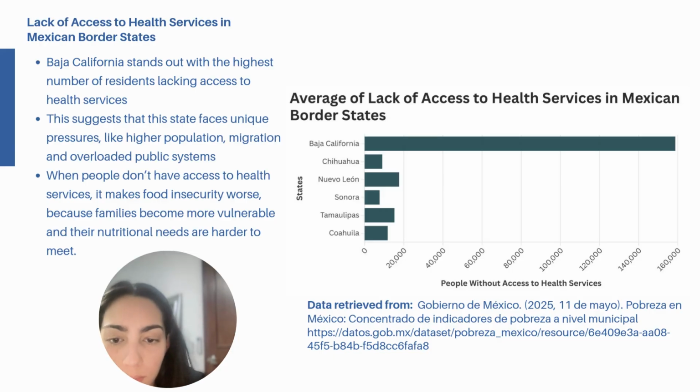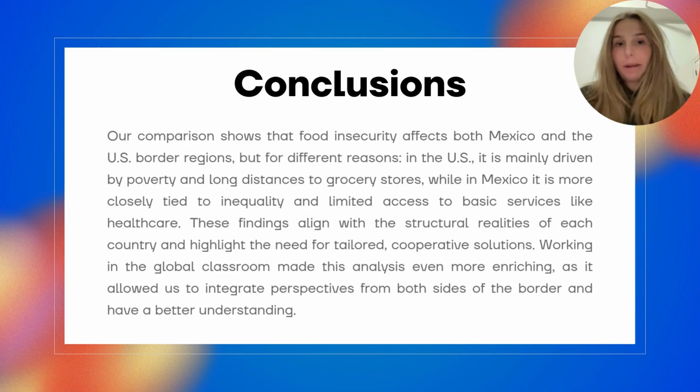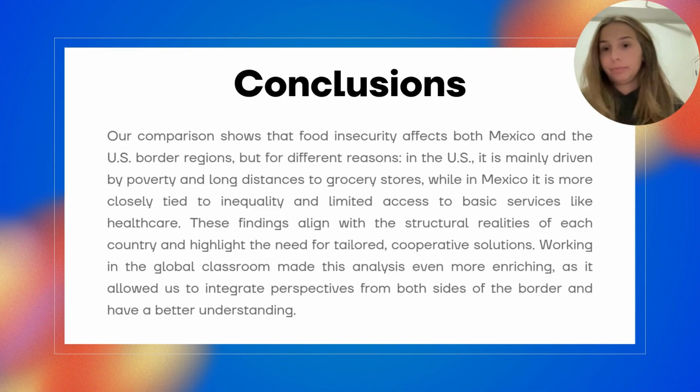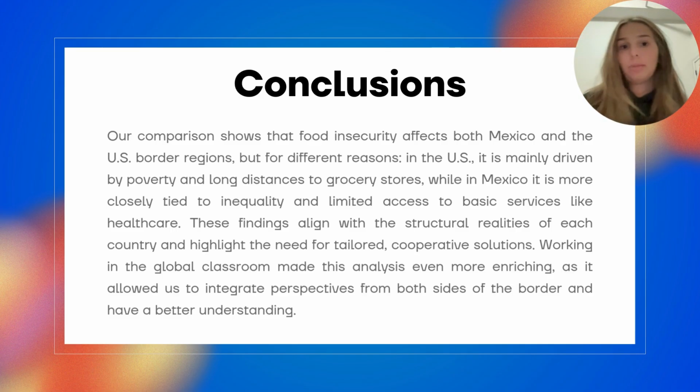So, to wrap up our project, our comparison really showed that food insecurity is a challenge on both sides of the US and Mexican border, but very different for a lot of different reasons. In the United States, the issue tends to come from factors like poverty and the long distance that many communities have to travel to reach a grocery store.